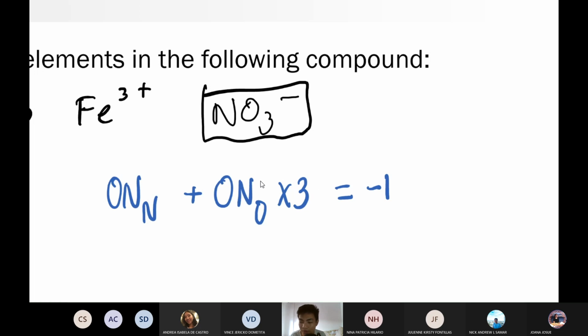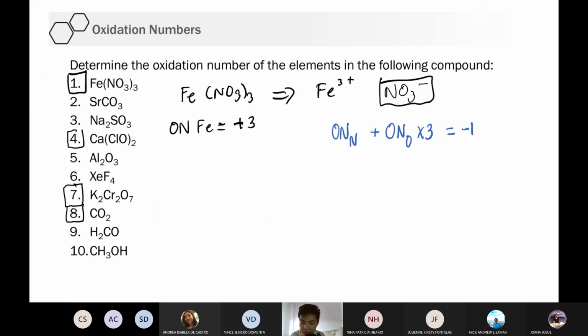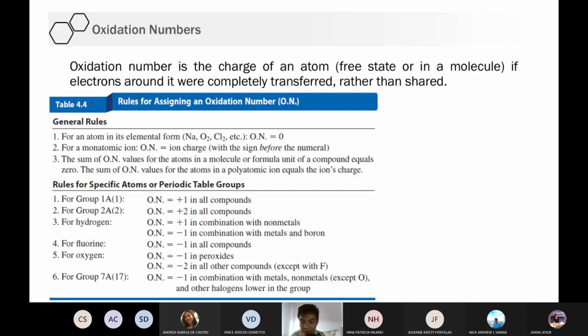What will you do? We look at the table. Did it say anything about this? Let's check if we have rules for nitrogen.